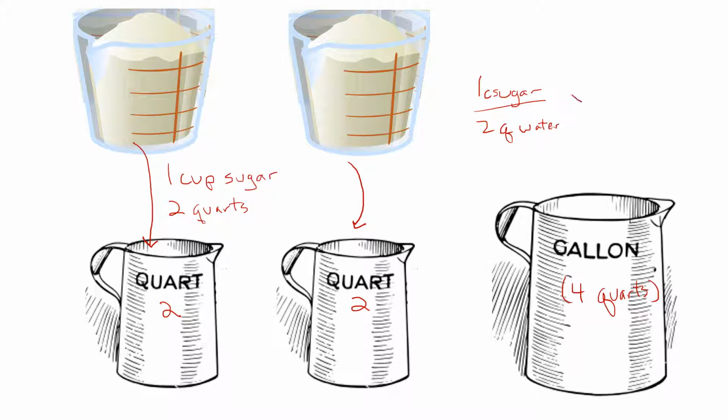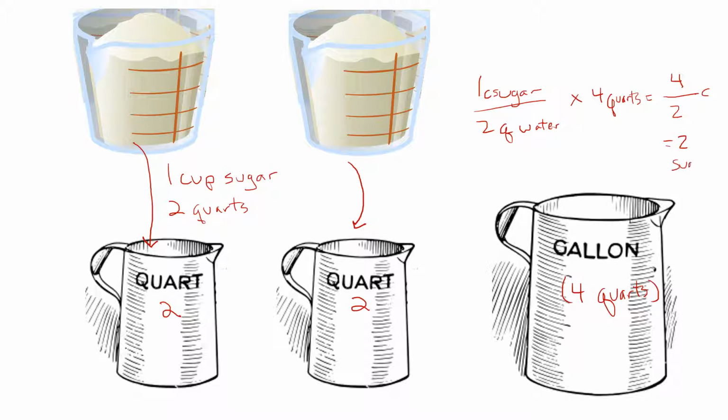So if we multiply our addition rate times the volume that we want to make, in this case, 4 quarts, if we do the math, 4 times 1 is 4, divided by 2 in the denominator, and it turns out that would be 4 halves of sugar, cups of sugar, which of course equals 2 cups of sugar.